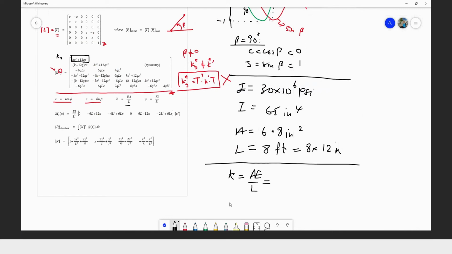And then also calculate Q, which is given by EI over L cube.